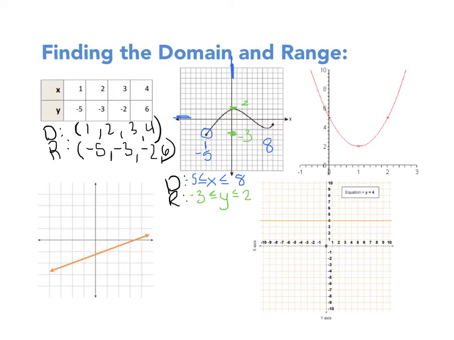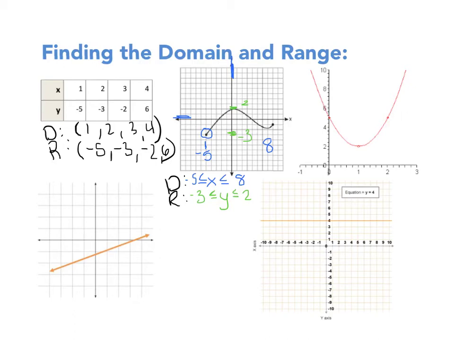If you have questions about that, we'll do more of it tomorrow, but that's just a brief way when you have functions like this to write your domain and range, and this is the easiest way to see it in interval notation, so you can see what x goes in between and what y goes in between.